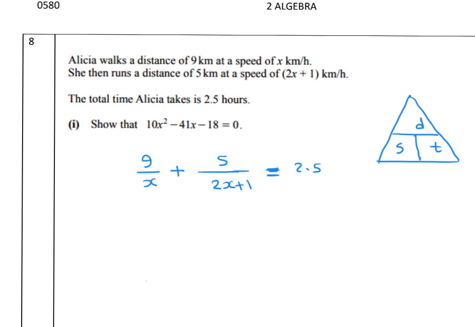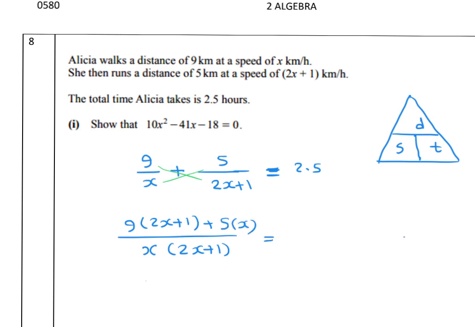To write this as a quadratic equation, we can make single fraction. So multiply the denominator, so x times 2x plus 1. Then cross multiply to find the numerator. So 9 into 2x plus 1 plus 5 into x equals, expand, so 9 times 2x and 9 times 1, 18x plus 9. 5 times x equals 5x, over x times 2x equal 2x squared.